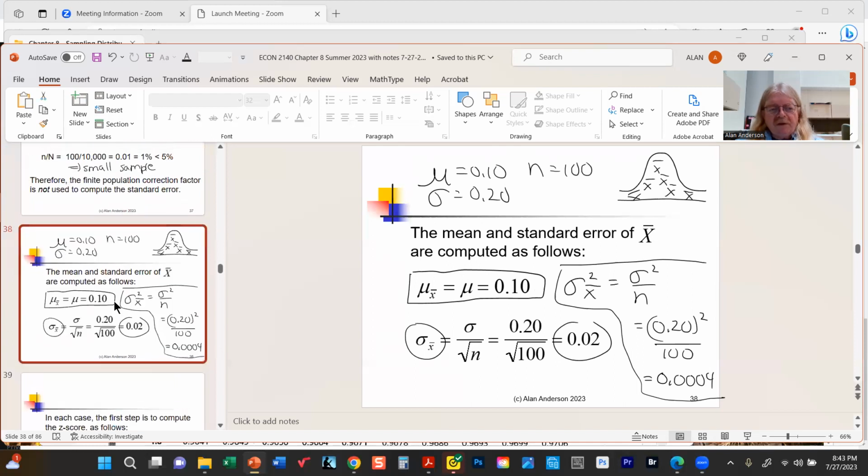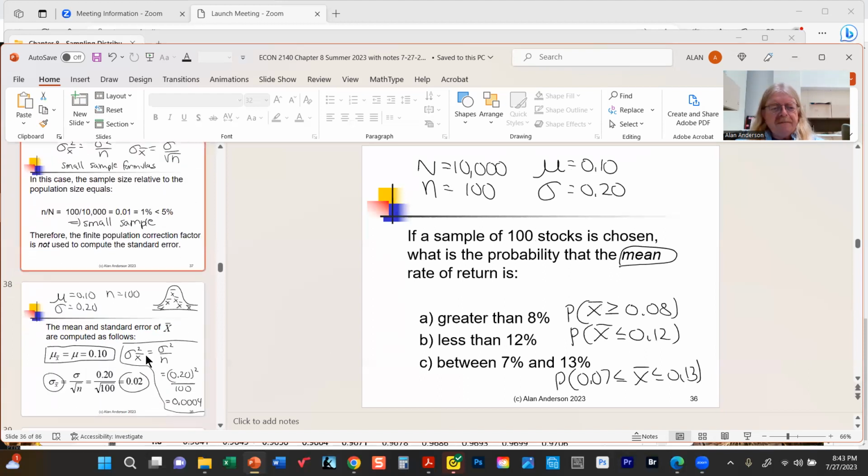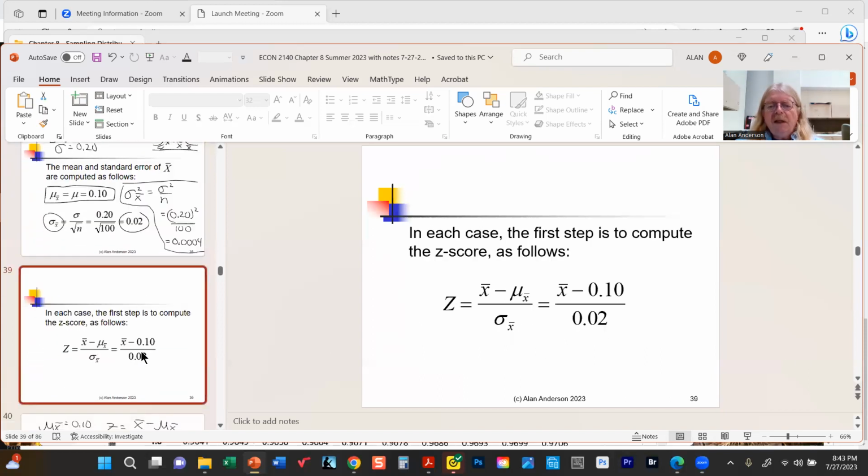So for example, in the first case, remember we were asked to calculate the probability that X bar is greater than or equal to 8%. So I'm going to use my transformation formula so I can use the tables. I'm subtracting 0.10, 10%, and dividing by 2%, which we just calculated.